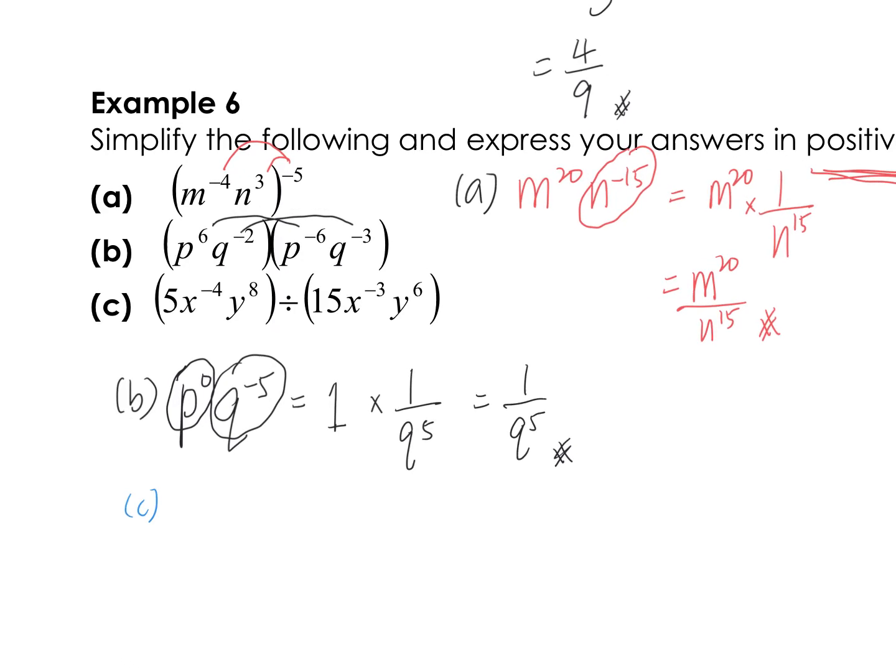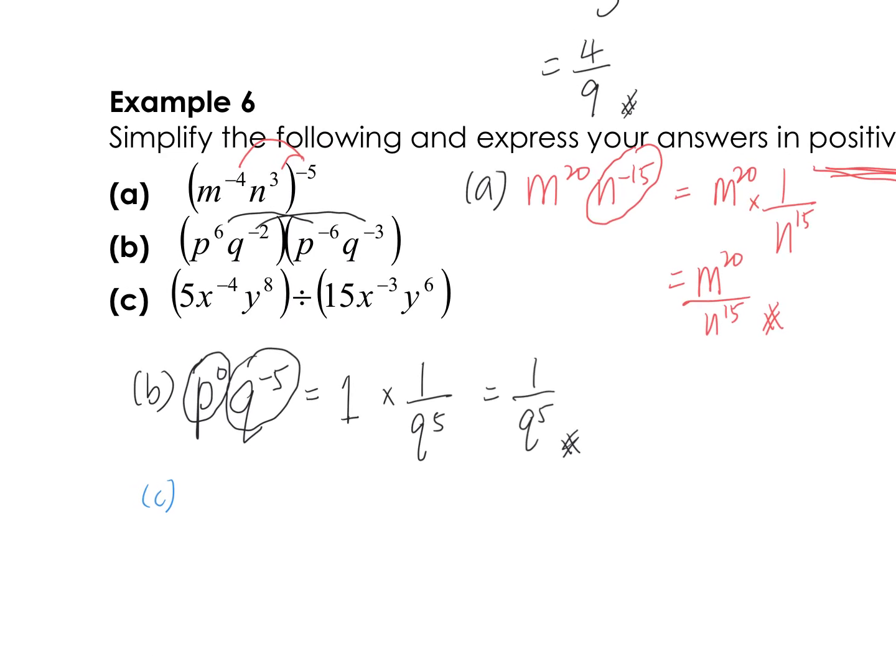Ashville. This and this is, what is 5 divided by 15? 1/3. Okay, then the x, what do I get? -7? No. Divide means you subtract the power, right?